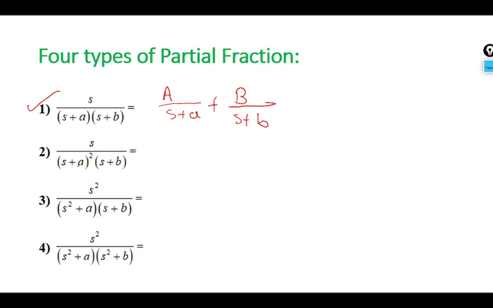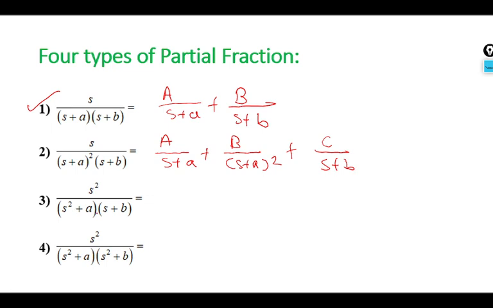Whenever there is a repeated factor, remember, there is an extra constant for that repeated factor. So the partial fraction of the second term will be A upon s plus a plus B upon (s plus a) square plus C upon s plus b. So first thing, you should be able to write the correct partial fraction.